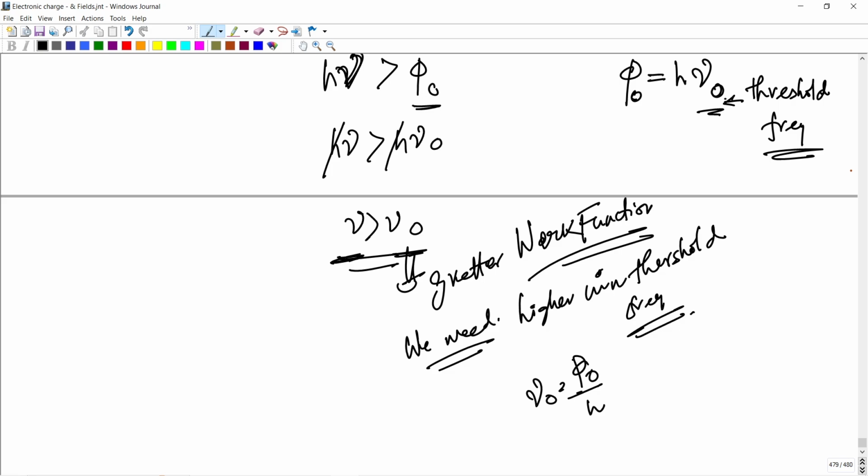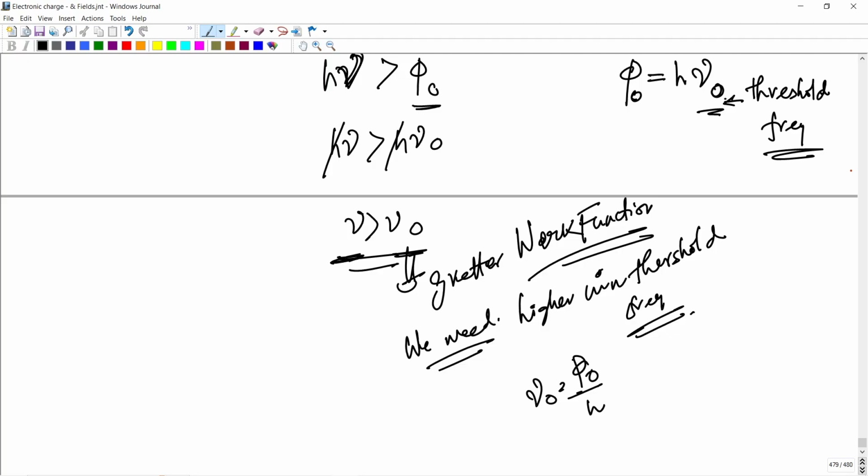The work function determines the metal's properties. It is a constant for a single metal: for sodium the work function is fixed, for aluminum it is fixed, for magnesium it is fixed. So the work function is constant, and we need a higher minimum threshold frequency to overcome it for the photoelectric effect.